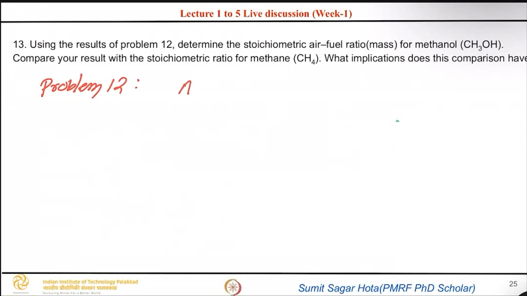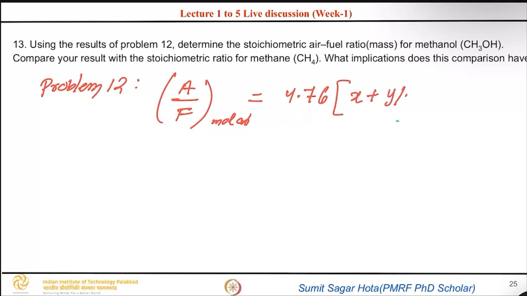The air fuel ratio formula comes out to be, on a molar basis, 4.76 times (x plus y by 4 minus z by 2). These are all given. If somebody is doing this question, they should give all these things. Now how did all these things come?